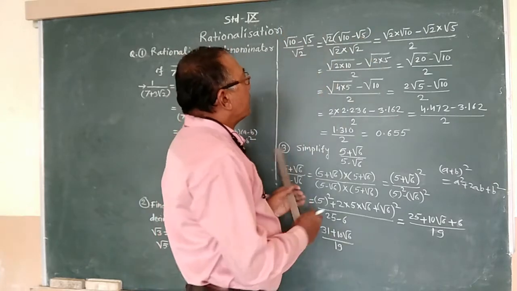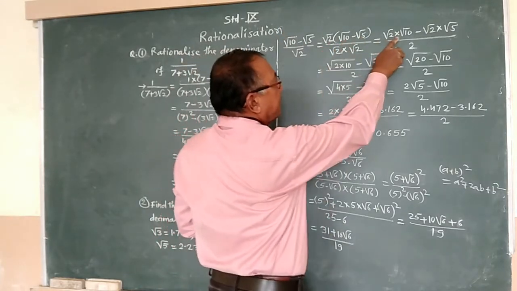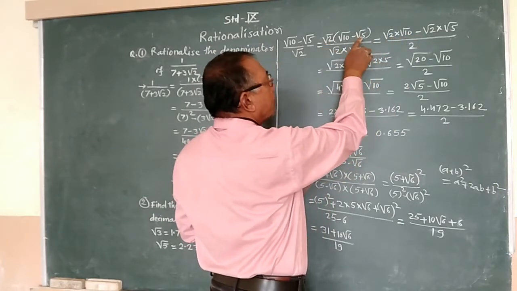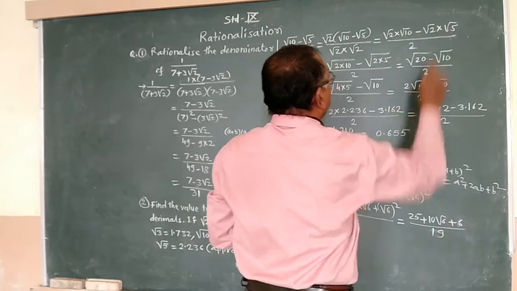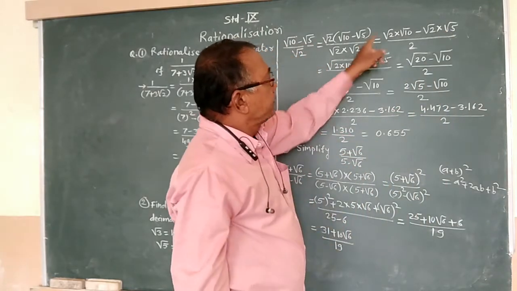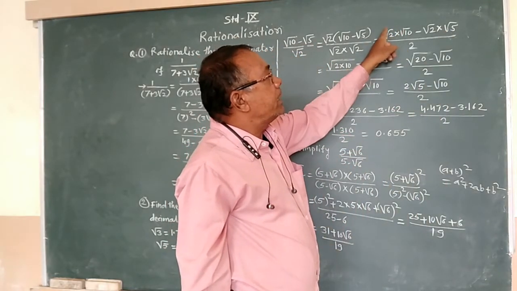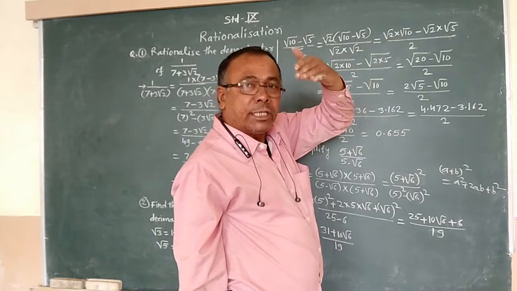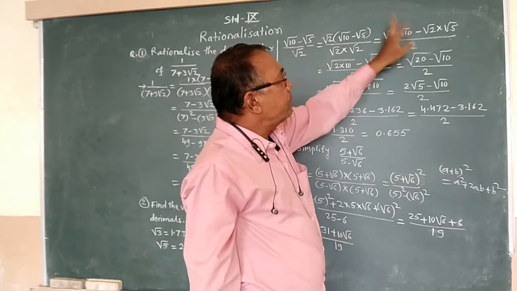So root 2 into root 10 minus root 2 into root 5. Here the order of both the radical signs is 2. If the order is not given, it means it is 2, so the same order is there.